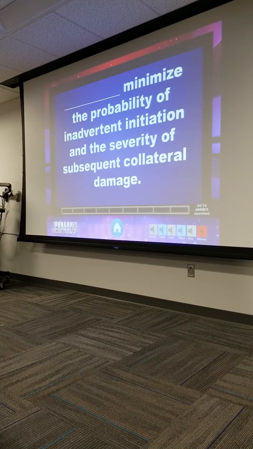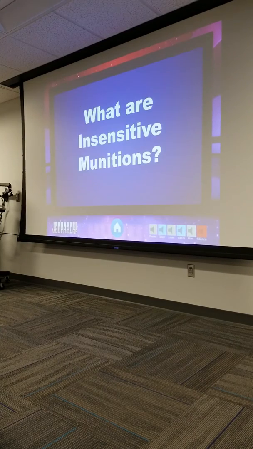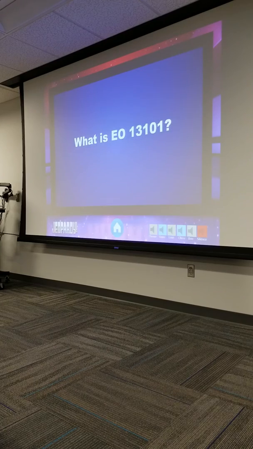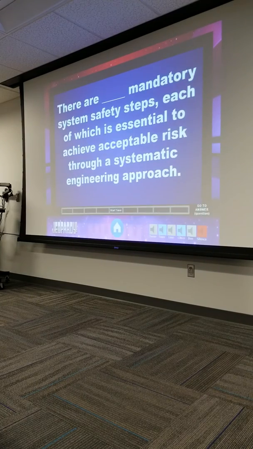What happens if I shoot that missile? Is it going to make all the other missiles go off? We've got to test for that. What's the executive order for greening the government? EO 13101. There are blank safety standard mandatory system safety steps. 8. There are 8. And that is the end of your check on learning.